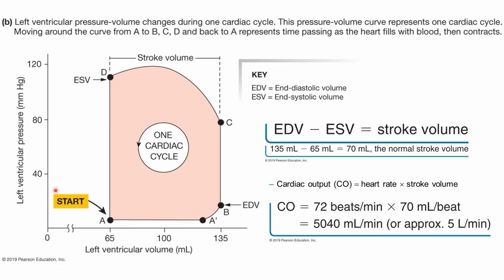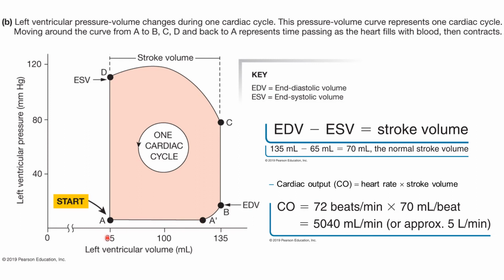If we look at this graph right here, we see that on the y-axis there is the left ventricular volume, and on the other y-axis we have the ventricular pressure. And one more time, we are specifically looking at the left ventricle. If we start right here at point A, as the atrial blood flows into the ventricle, you notice that the volume in the ventricle is increasing.